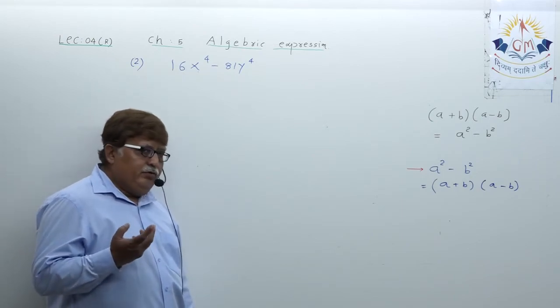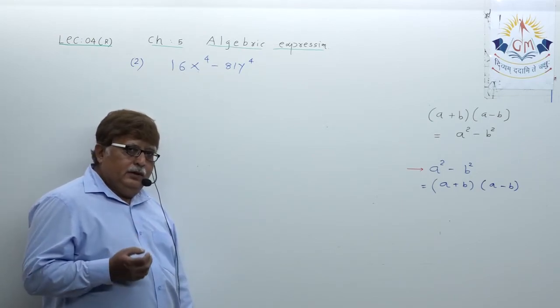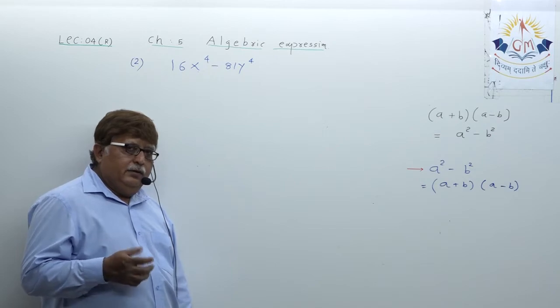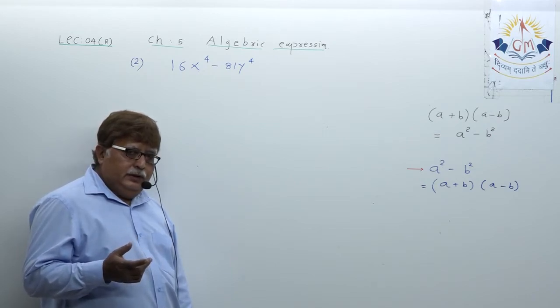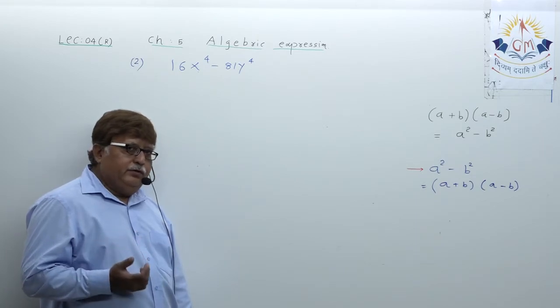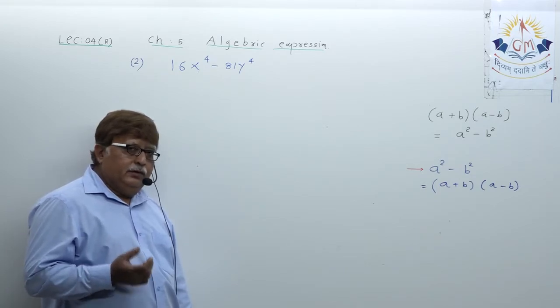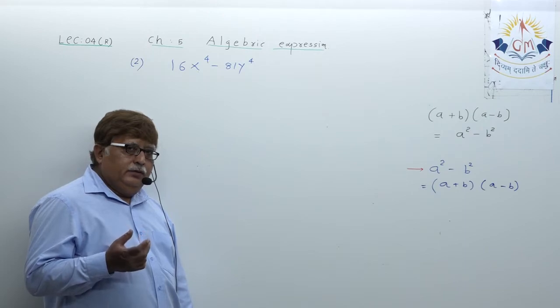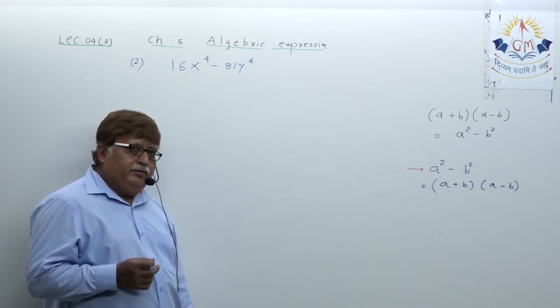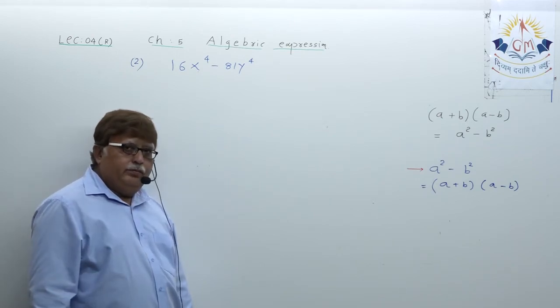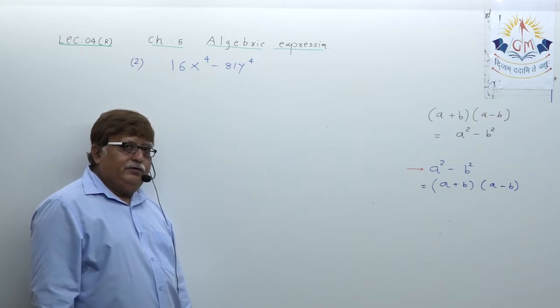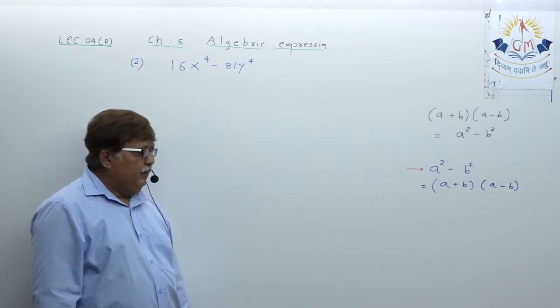Every time when you solve this sum, this funda needs to click in your mind. Two terms, both are perfect square. In between there is negative sign. Apply this particular identity. Understood? That's common.